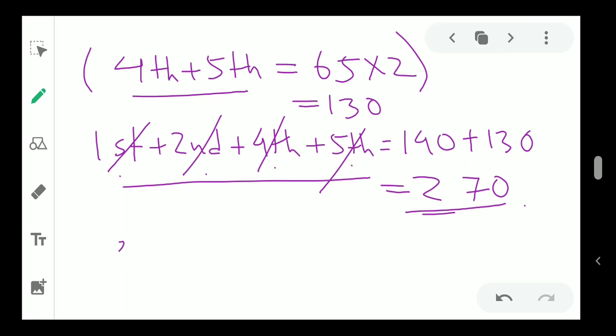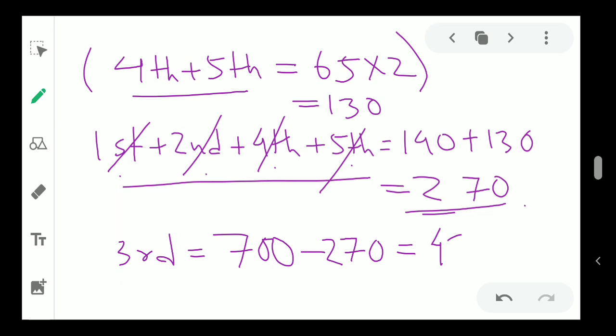So the third one will be 700, the total of 5 events, minus 270, the total of the 4 events, first, second, fourth and fifth. If we subtract them, we will get 430. So 430 will be the third event.